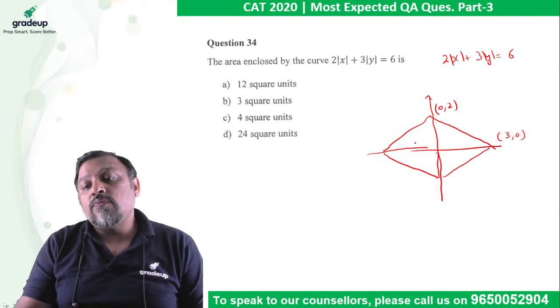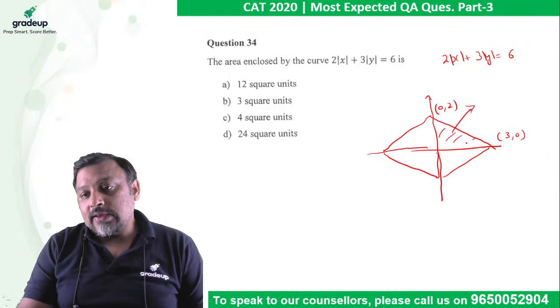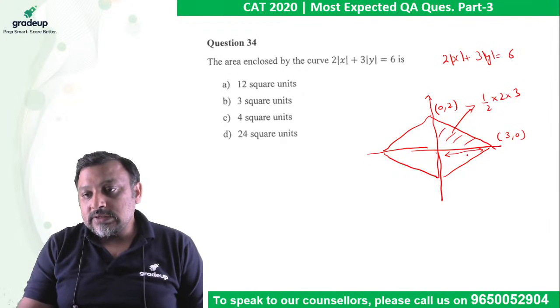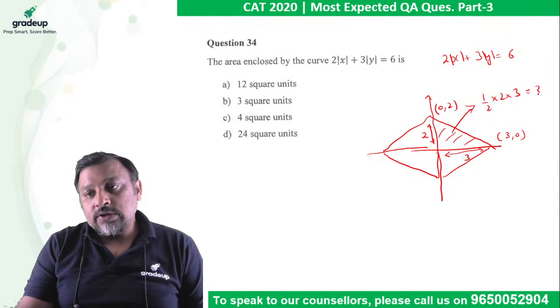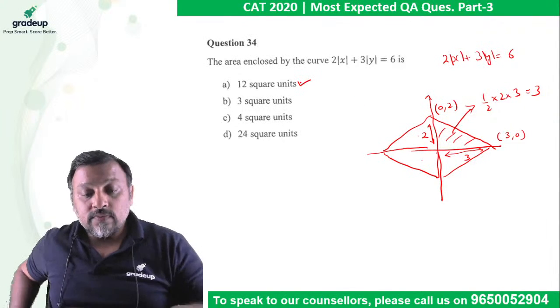So you don't need to draw all these lines. You can find the area of one of these triangles, which is half base into height. Base is 3 and height is 2, so which is 3. If the area of one triangle is 3, then the total area of these 4 triangles has to be 12.